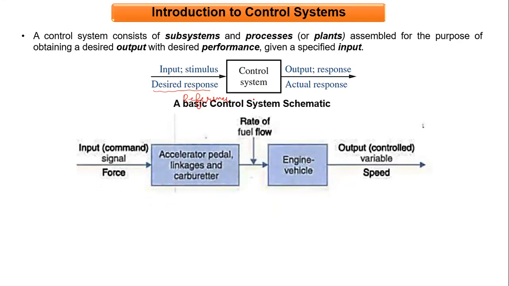Fine. Now we have one more block diagram representation, as you can see. Here we have an example related to a vehicle. We have two blocks shown here: the accelerator pedal, and then the engine vehicle, and the input given to the accelerator pedal is the force.